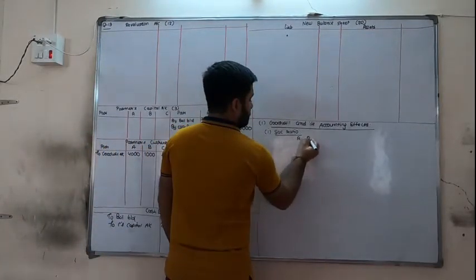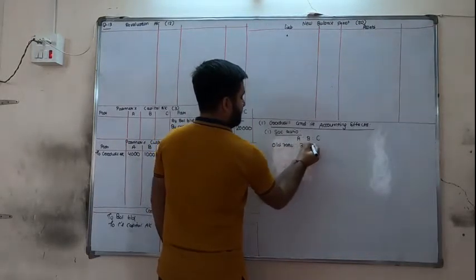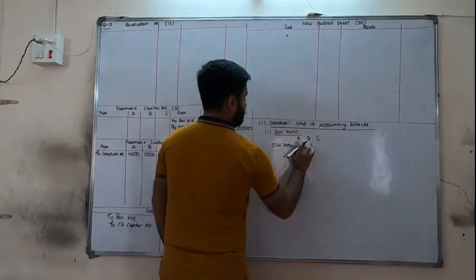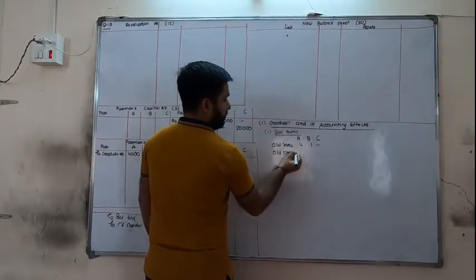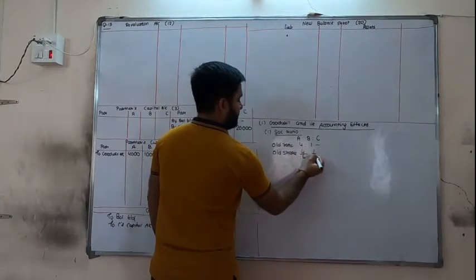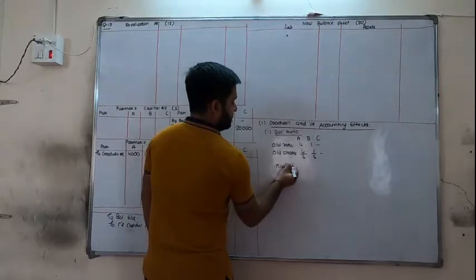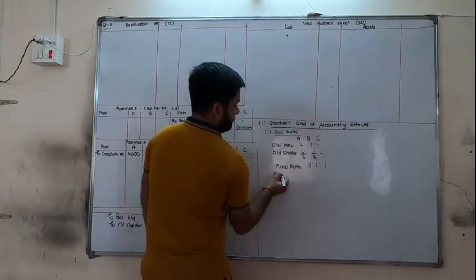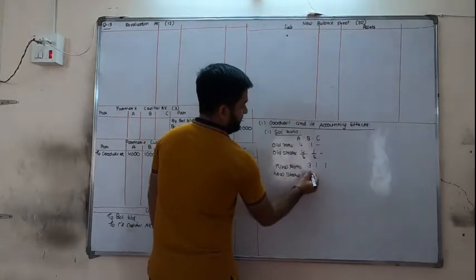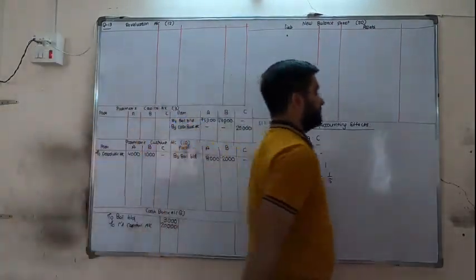So A is to B is to C. The old ratio is 4 is to 1, so old shares will be 4/5 and 1/5. Now the new ratio is given as 3 is to 1 is to 1, so the new shares would be 3/5, 1/5, 1/5.